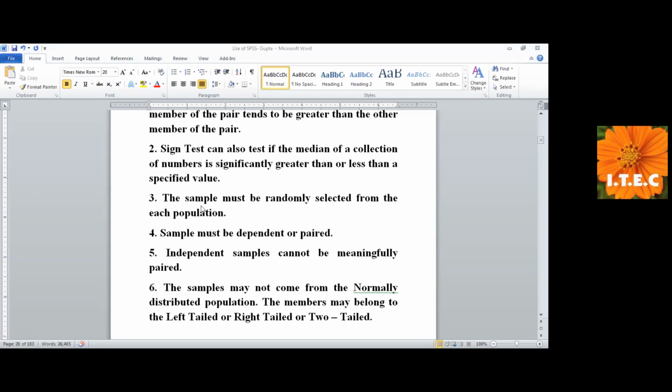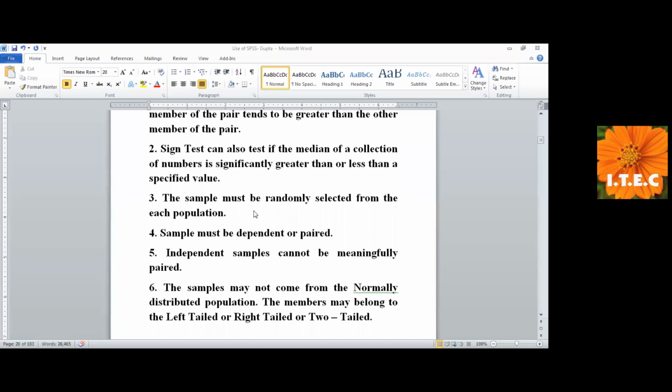The third is the sample must be randomly selected from each population. Whatever the population that you have, when you are selecting the member, what is the meaning of random?